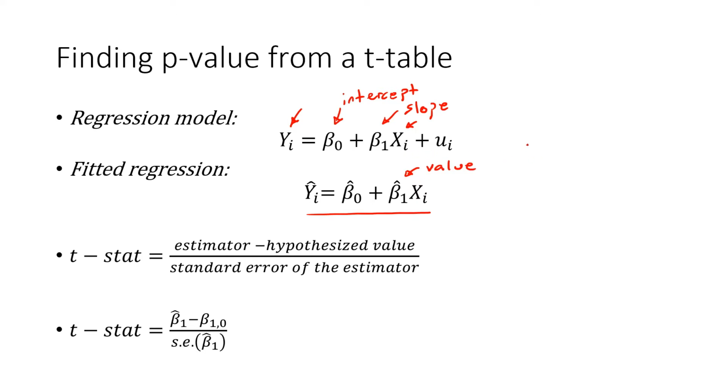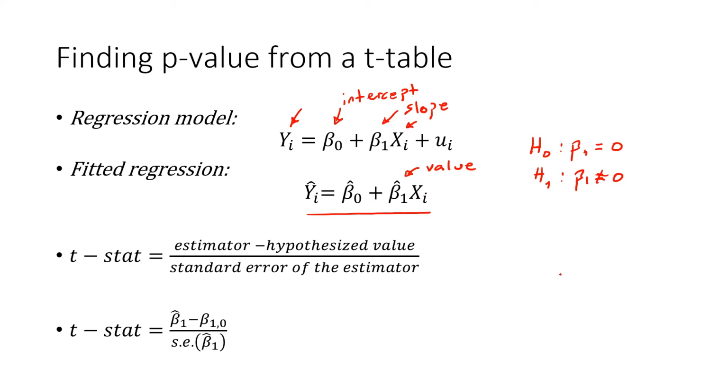And you have the null hypothesis of the true beta being, for example, 0, right? So the alternative hypothesis is the beta, the slope, not equal to 0, right?